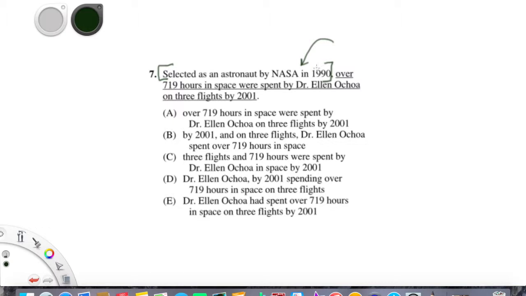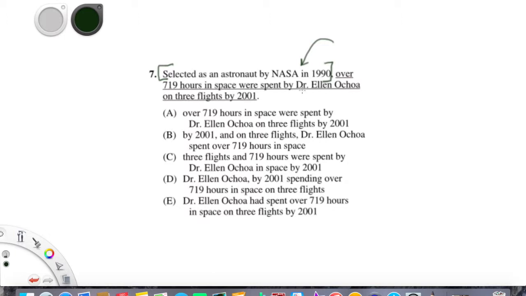Now, if we add this information, we want to be clear about who we're talking about. Are we talking about the subject of the sentence or not? In this case, we have to assume that this modifying phrase, because of its location, is referring to the subject of the sentence. And the subject of this sentence is 719 hours. So 719 hours was not selected as an astronaut by NASA, of course.